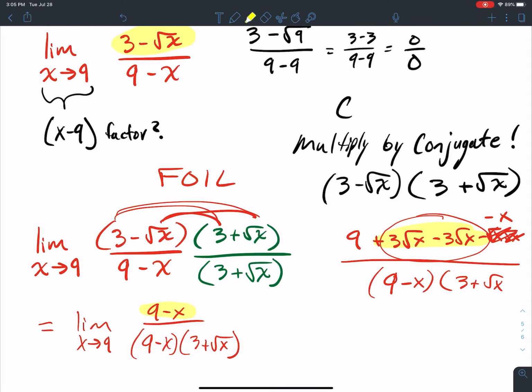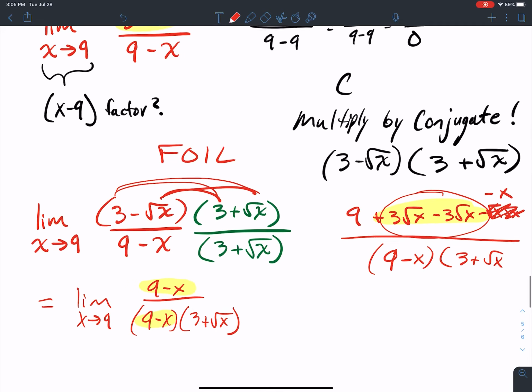Because now I see that this factor and this factor will cancel each other, and I can cancel because I'm taking the limit as x approaches 9. So this becomes the limit as x approaches 9 of, well, what's left whenever I cancel? 1 divided by 3 plus the square root of x.